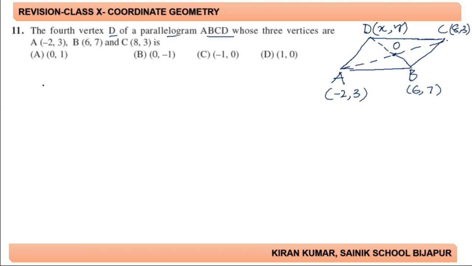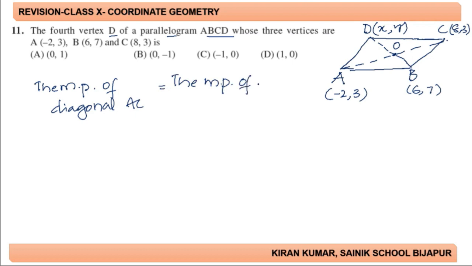Therefore, the midpoint of diagonal AC will be same as the midpoint of diagonal BD. Their midpoints will remain same.